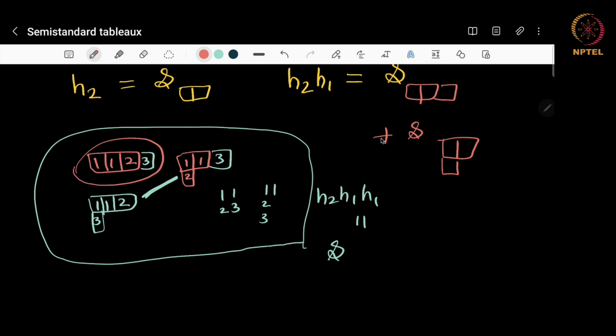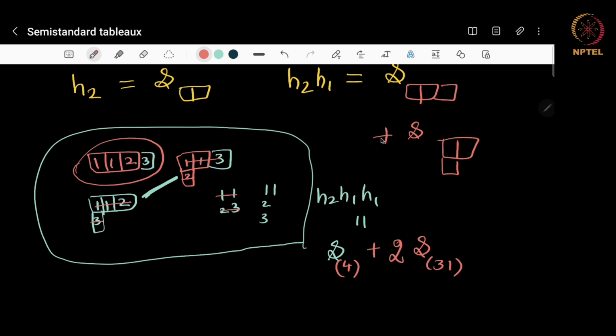This is the shape with 4 boxes, right? So this is just the Schur function corresponding to 4 boxes, plus the second guy, this is 3 boxes and 1 box. This guy is also 3 boxes and 1 box. So this is the partition 3 1, but there are 2 such terms which contribute to it. So it's 2 times that.